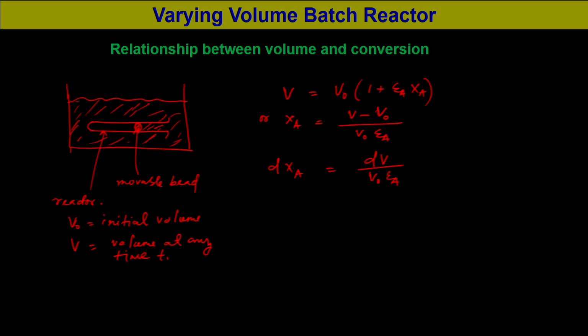So, here epsilon A is the fractional change in volume. This fractional change in volume happens between no conversion and complete conversion.